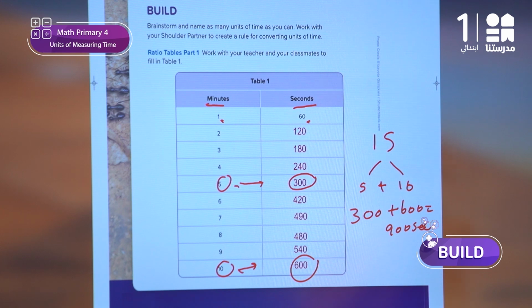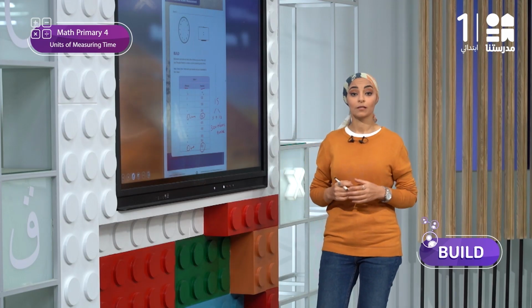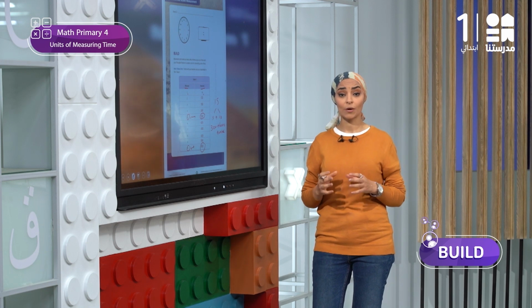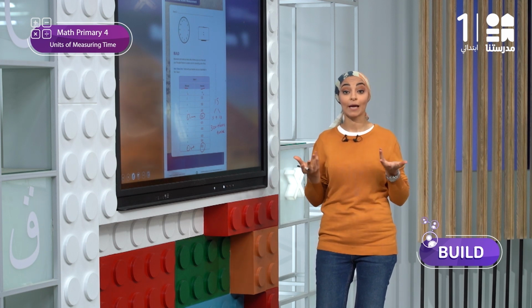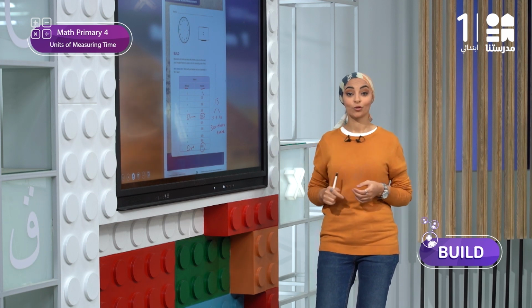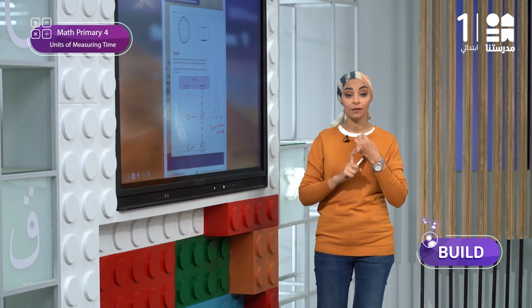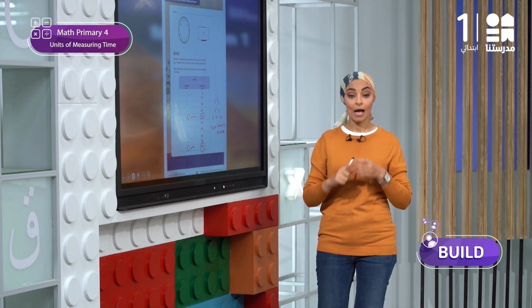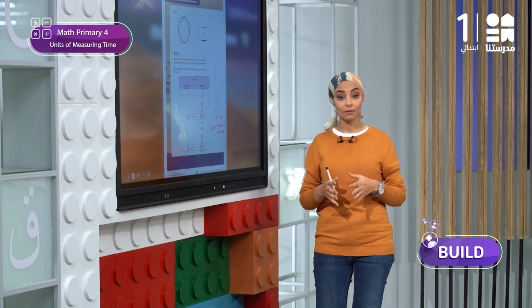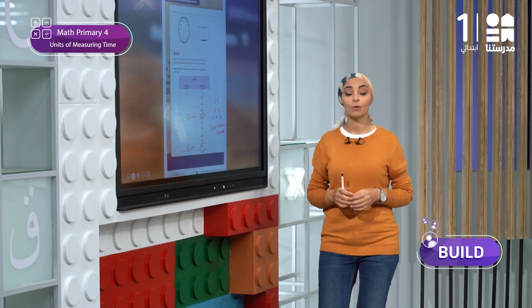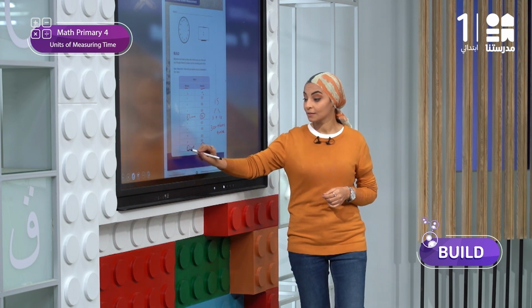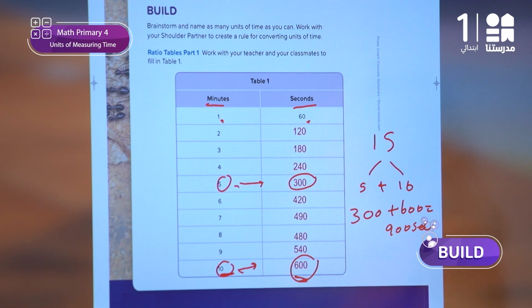Okay? Now how can I calculate the number of seconds in 30 minutes? Now I want to know how many seconds there are in 30 minutes. As you have noticed, 30 minutes can be broken into 10 plus 10 plus 10, or 3 times 10, right? If you look at the table, you will find that 10 minutes is 600.